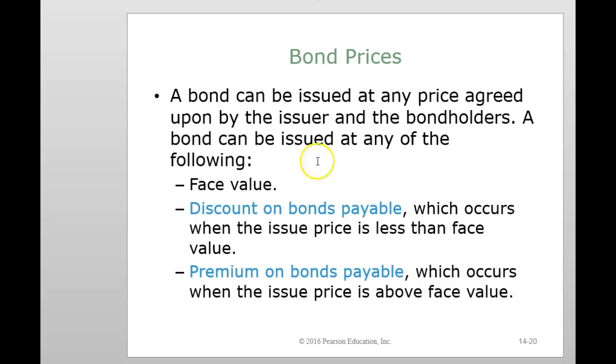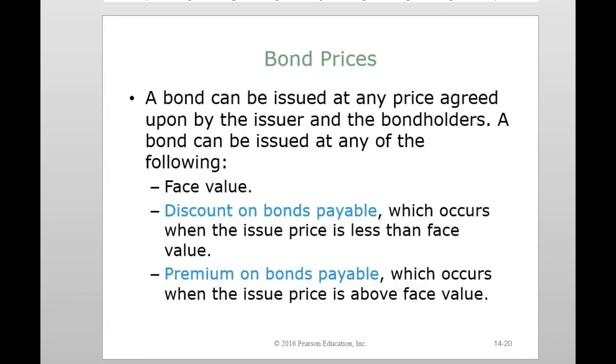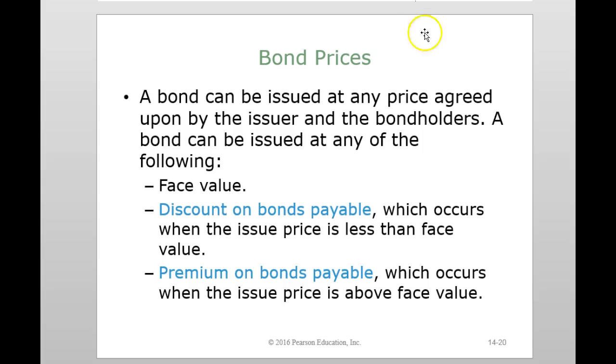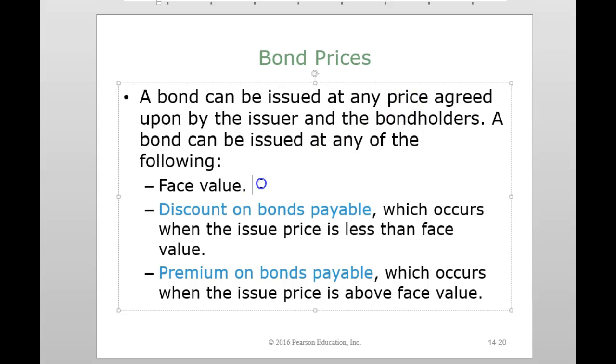And now let's look at the bond prices, and this is where it can get confusing, and why I wanted to explain this a little bit more fully, because it can get really very, very confusing. Remember, we talked about the face amount, the face value. When a bond is selling at par, it's selling at that face amount.